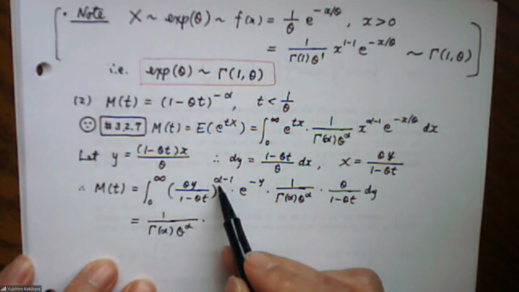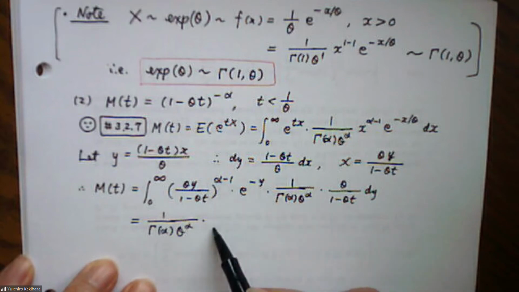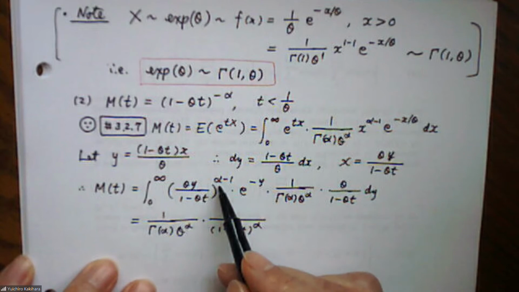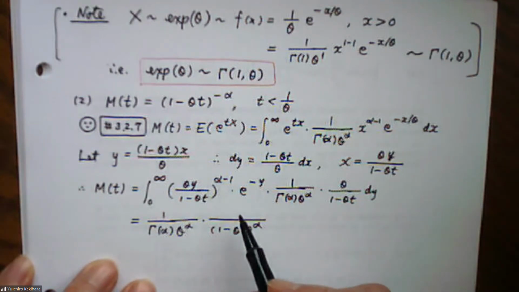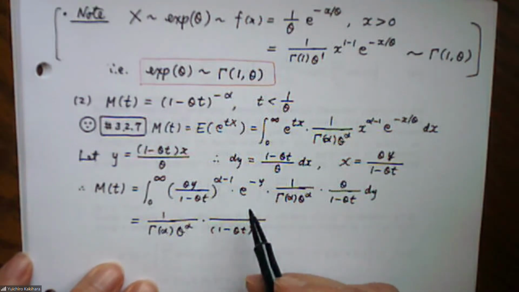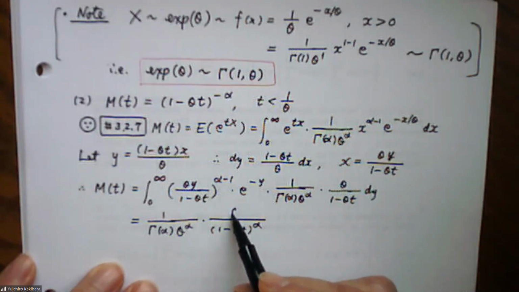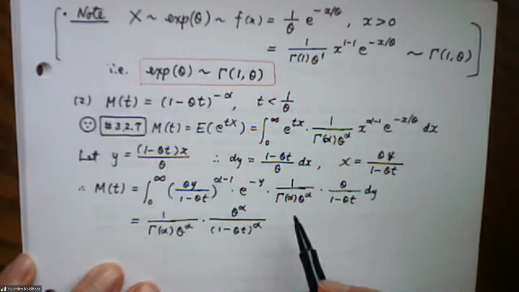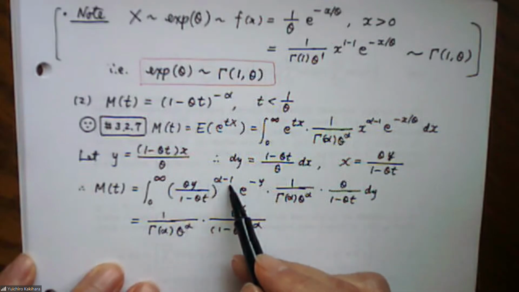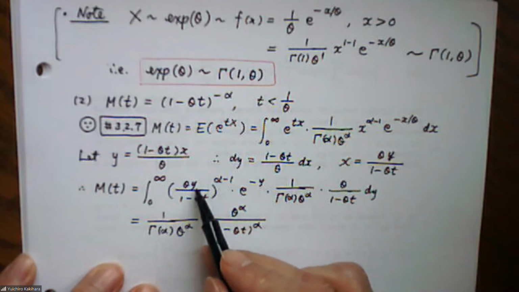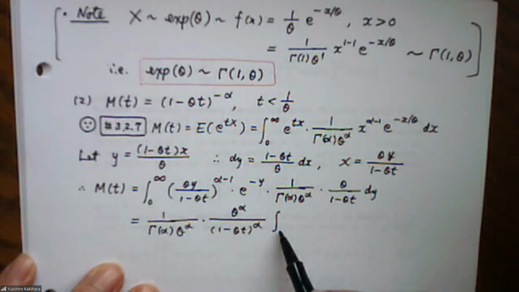So to the power alpha minus 1 times 1, so this is going to be 1 minus theta t to the alpha. You agree? This times this. And then theta to the alpha minus 1, and another theta is here. So this is theta to the alpha. And then y is a variable, so we can't take this out of the integral.